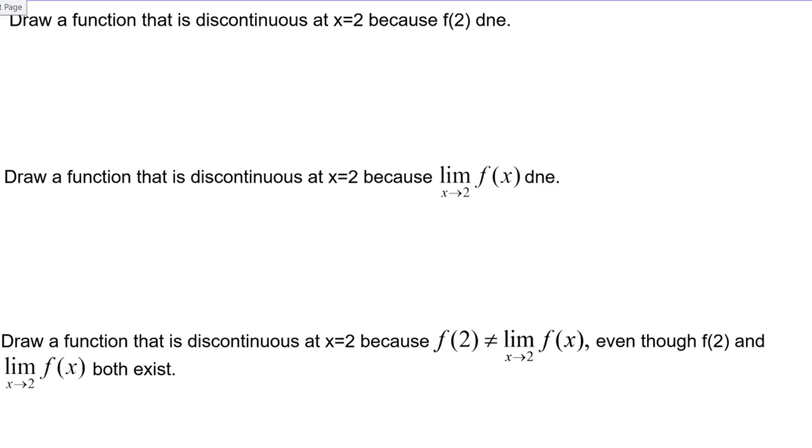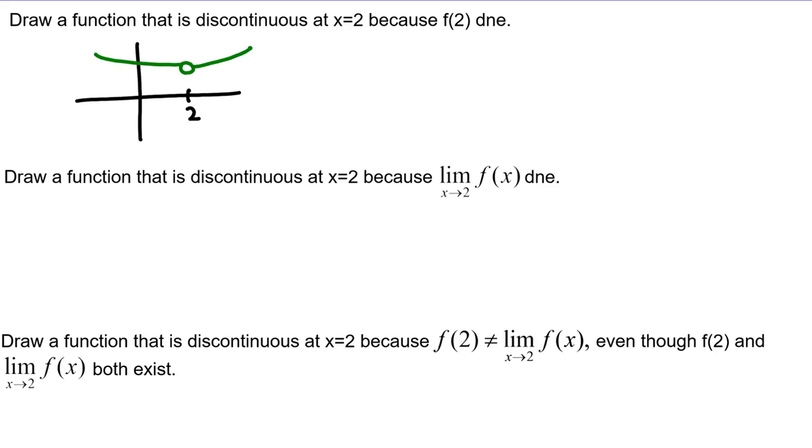Okay, let's do some examples, and here we're just drawing some things. So draw a function that is discontinuous at x = 2 because f(2) does not exist. So there are lots of possibilities here. What we need to do is identify where 2 is, and then f(2) does not exist. So it could be something like this. You just have a hole.